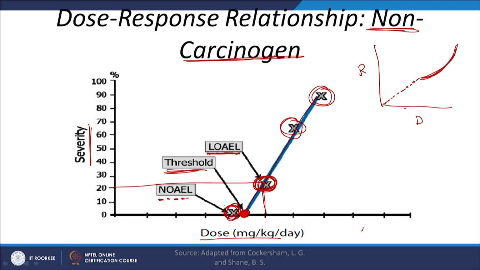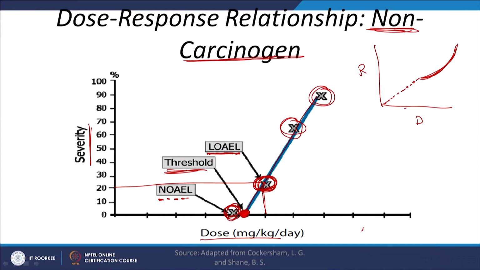Obviously the more data you have, the better the estimates you would come up with. So, depending on whether we are going with LOAEL or NOAEL, there are going to be uncertainties, and we are going to look at these aspects again. What is the take home message? For the non-carcinogens, we assume that there is a safe dose, right.